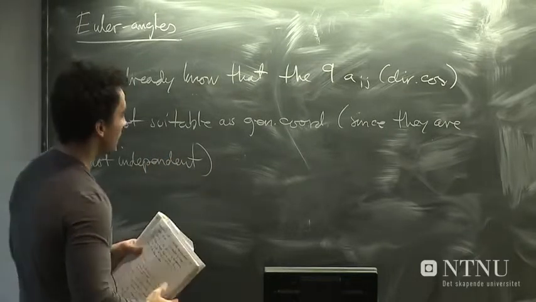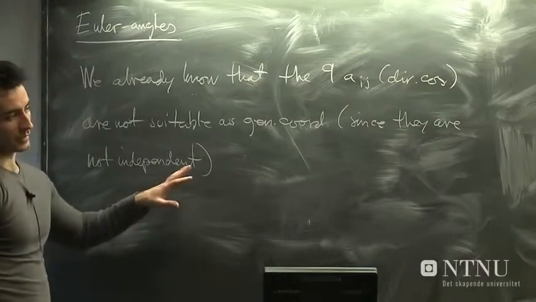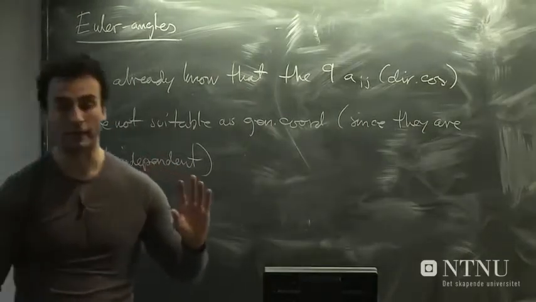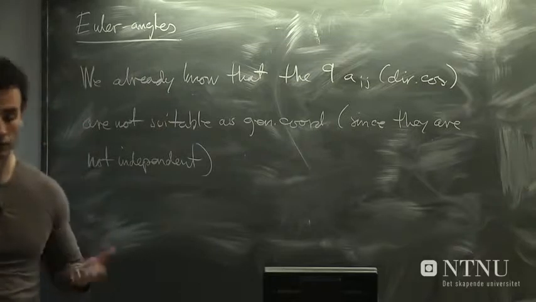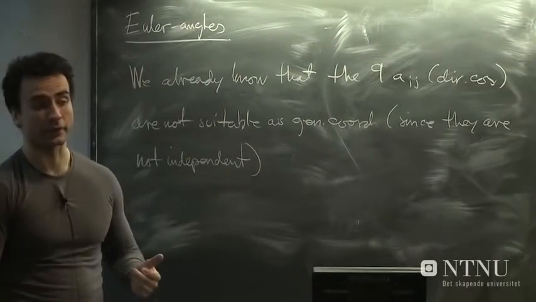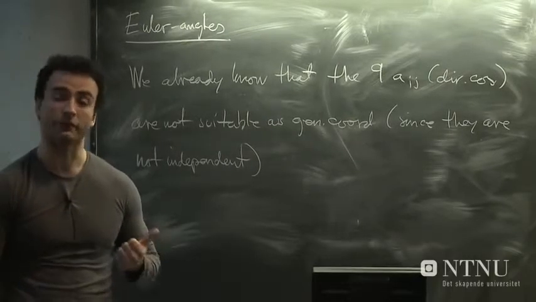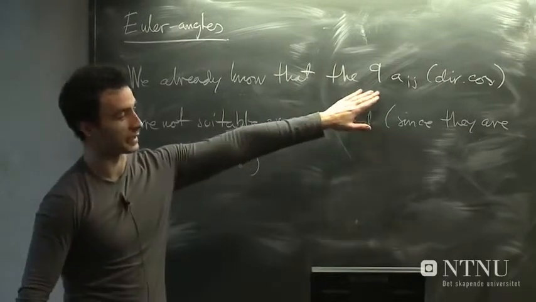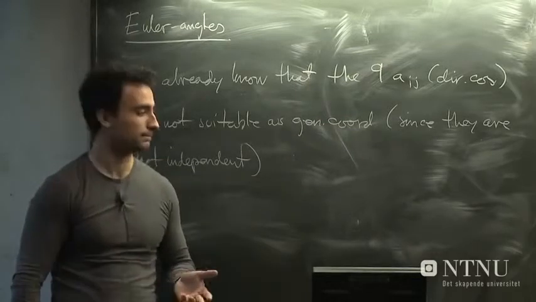But we saw that when taking into account the 6 normalization or orthogonality conditions in 3 dimensions, we should be guaranteed to be able to find 3 functions of these directional cosines which are independent.